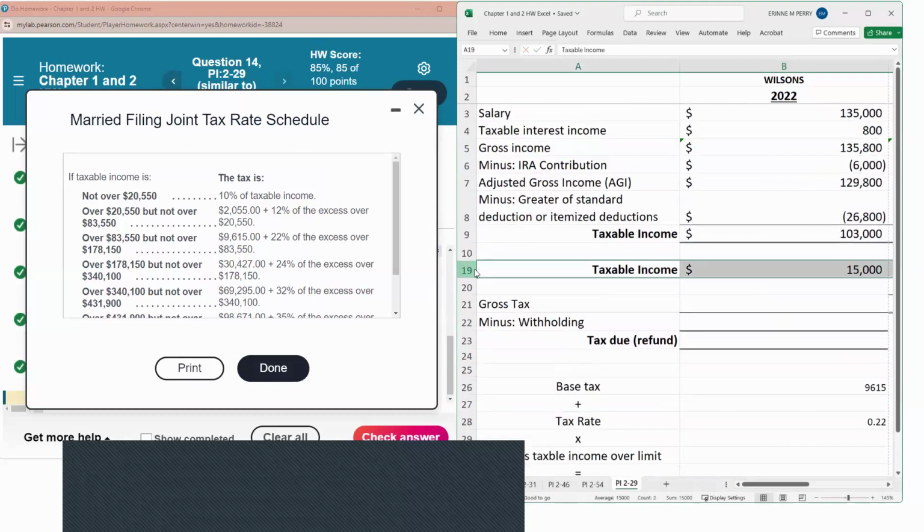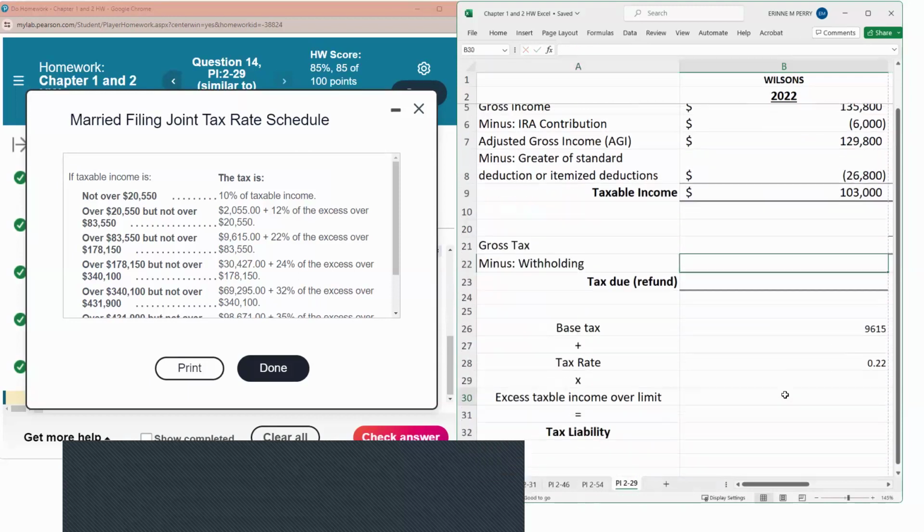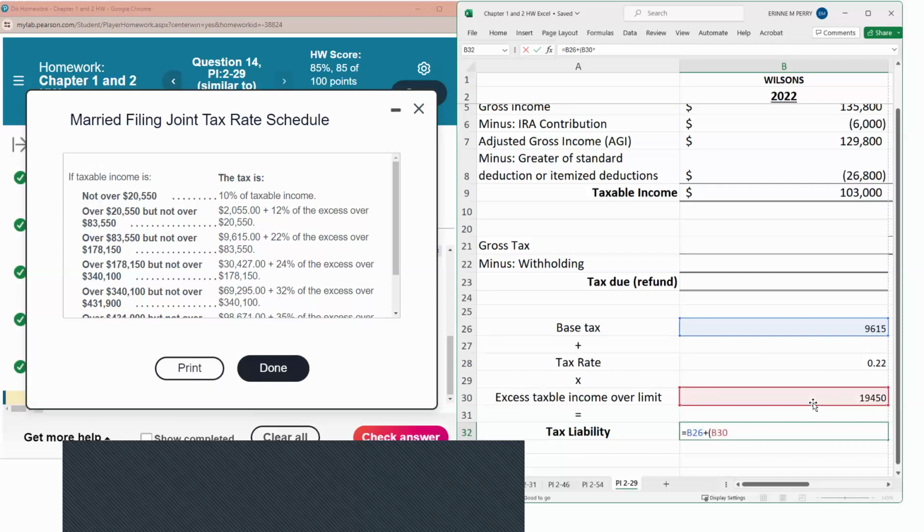So their income is 103,000. The excess taxable income over the limit would be 103,000 minus 83,550. So the excess is 19,450. So therefore, the base tax 9,615 plus the excess taxable income over the limit multiplied by 22%.